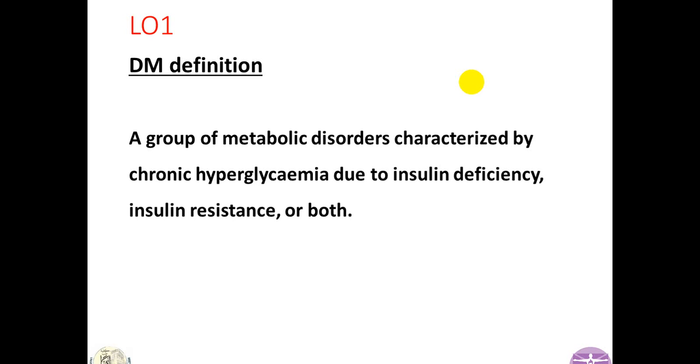And by hyperglycemia, we mean high blood glucose level. So it is a chronic hyperglycemia. This chronic hyperglycemia is due to either insulin deficiency, like in type 1 diabetes, insulin resistance, like in type 2 diabetes, or a combination of both insulin resistance and insulin deficiency.